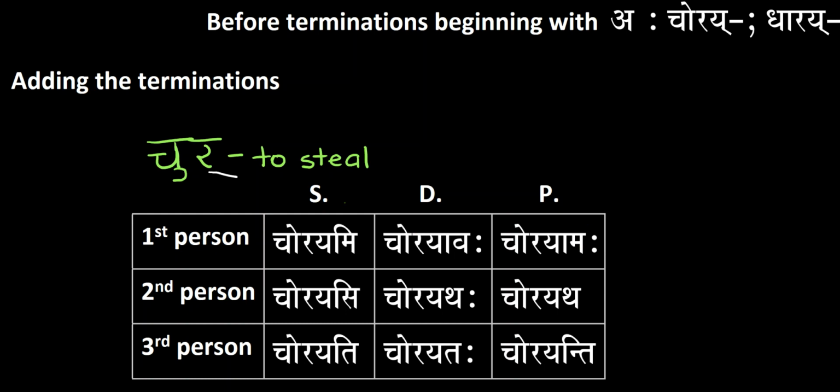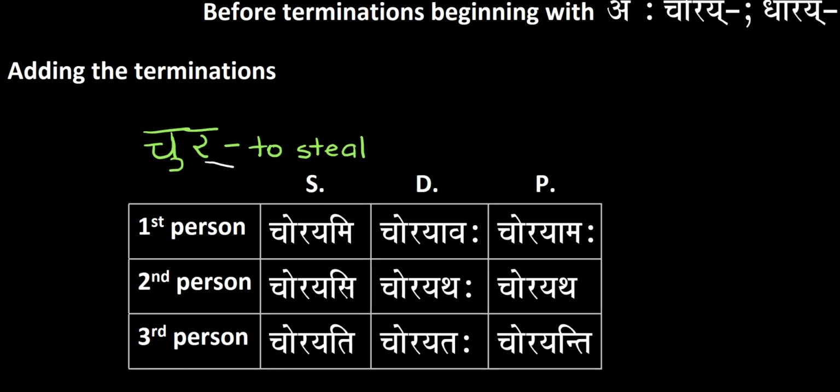For second person singular, dual, and plural, we have chorayasi, chorayathaha, chorayatha. Respectively, that means you steal, the two of you steal, and you all steal. Third person singular, dual, and plural, we have chorayati, chorayataha, chorayanti. Respectively, that means he, she, or it steals, the two of them steal, and they all steal.